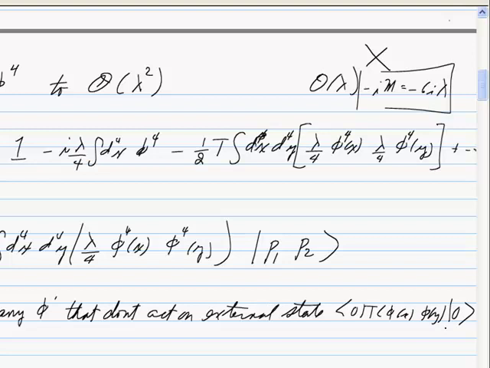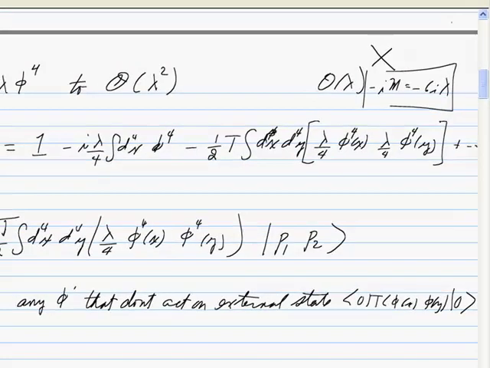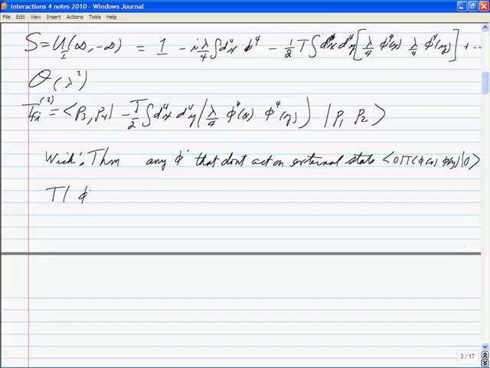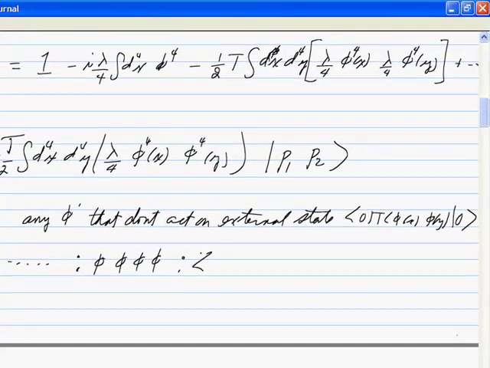Things like that. More precisely, Wick told us that if I have a time-ordered product, let me just write it as phi to the 8th, just as shorthand, there'll be lots of terms in this thing, but one of them is normal-ordered phi, phi, phi, phi, and then time-ordered phi, phi.